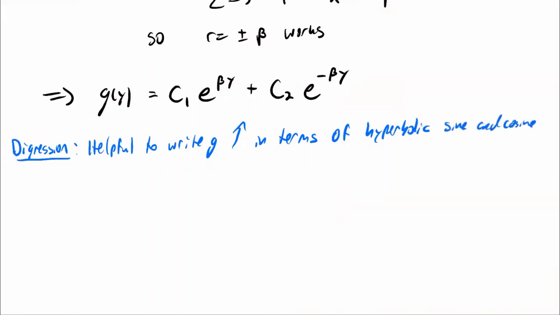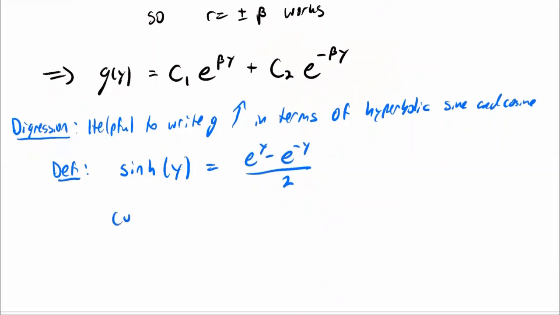Right, so in particular, let me remind everyone what the definition of hyperbolic sine and cosine are. So the hyperbolic sine, which is denoted sine with an h, sometimes pronounced sinh, of y is given by e to the y minus e to the minus y over 2.